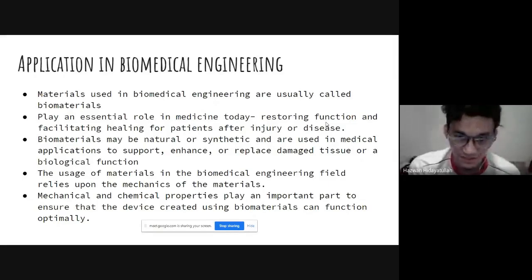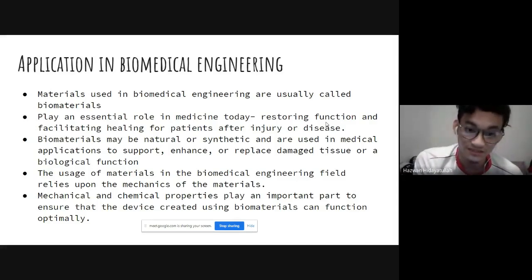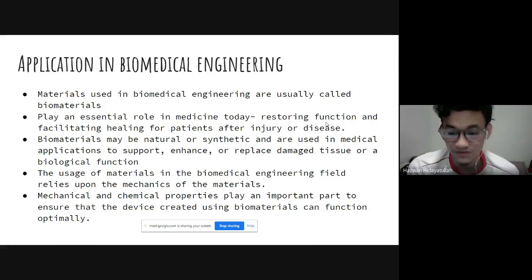The usage of materials in the biomedical engineering field relies upon the mechanics of materials. The mechanical and chemical properties play an important part to ensure that devices created using biomaterials can function optimally, which means that when a certain biomaterial needs to be chosen to create a device or a prosthetic or an equipment, they must test the strength, the yield strength, bulk modulus, and all the mechanics of material.